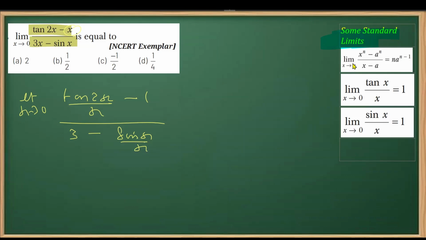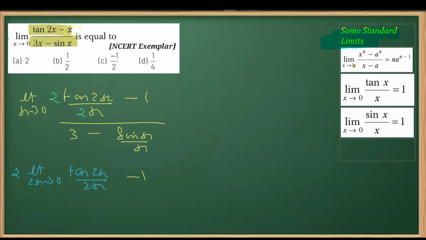Now we are going to apply the limit at all places. Since x tends to 0, we need to multiply here by 2. So in the first part, limit x tends to 0, keeping 2 outside, this is tan 2x over 2x, then minus 1.